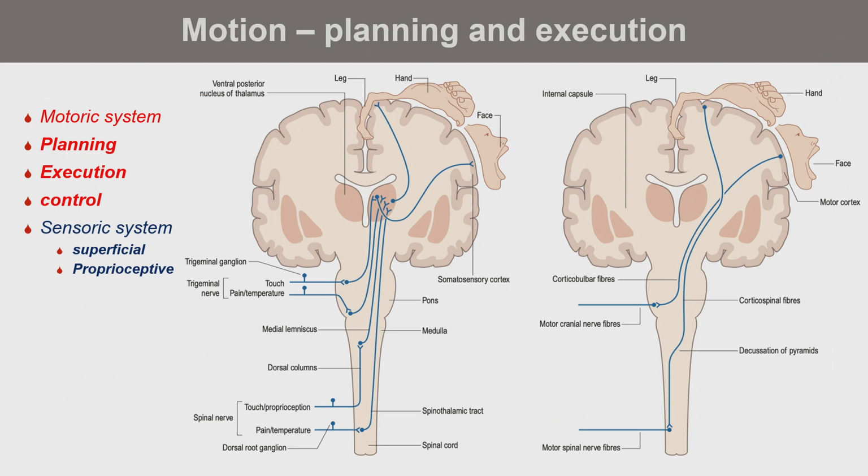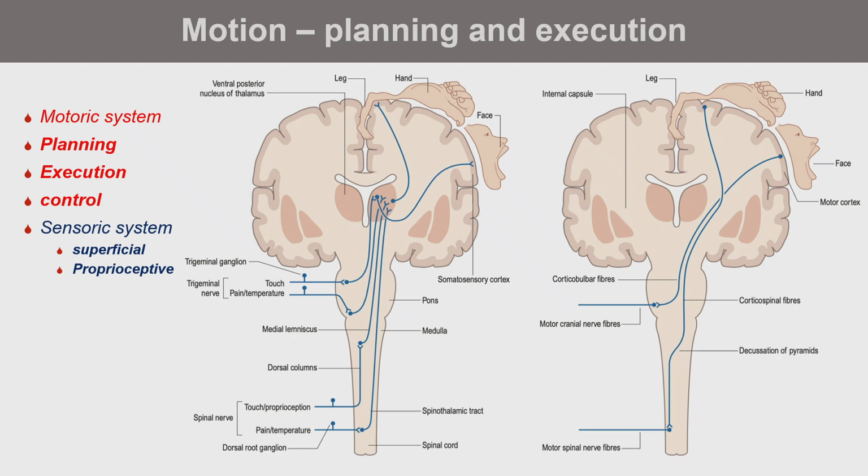And now at the end we repeat the information. So, planning, execution. We need a motor system and a sensory system. The motor system is for planning and execution, and for control, for follow-up.